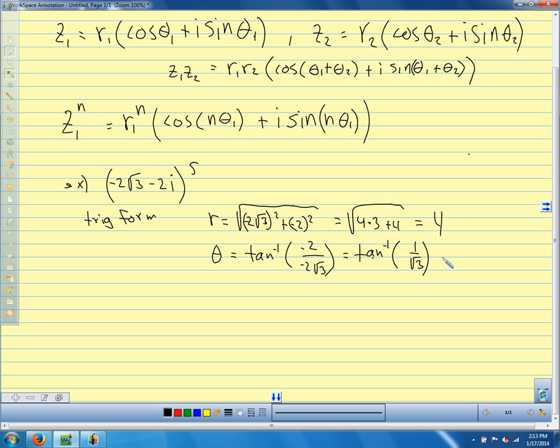Remember what that angle is? We need the square root of 3 in the denominator, sine divided by cosine.